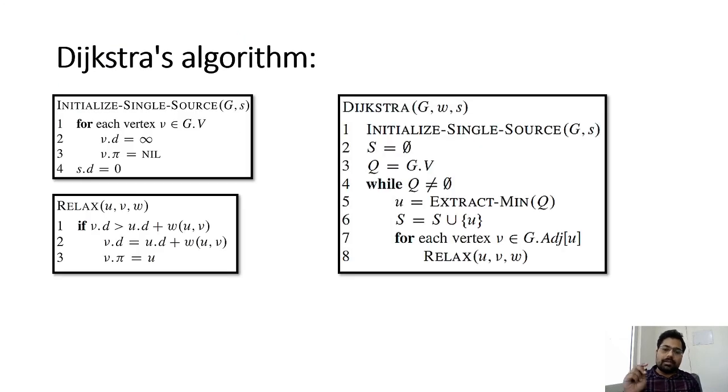Now we'll go for Dijkstra's algorithm. Once again, I'm telling you, the algorithm which I kept here is the approach of Cormen. There are other algorithms too that you can find in other books also. Always follow the book, because in the book everything is clearly mentioned.